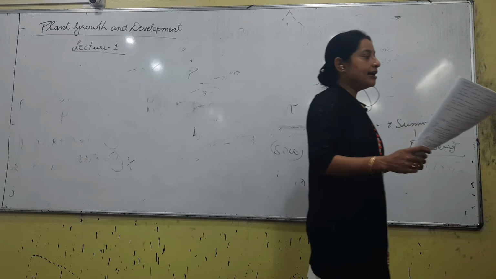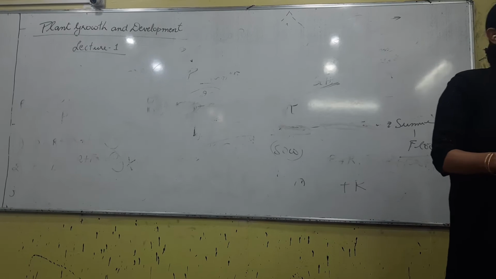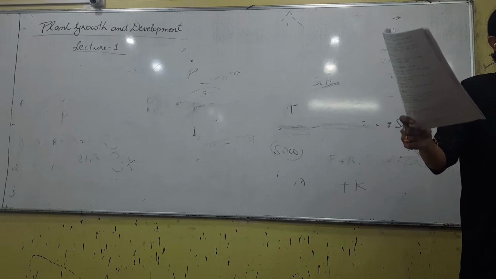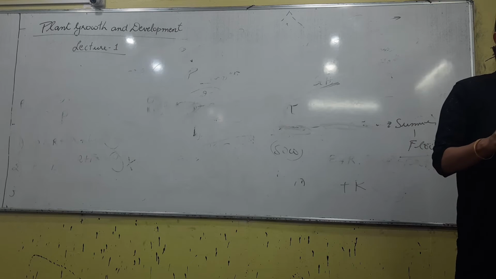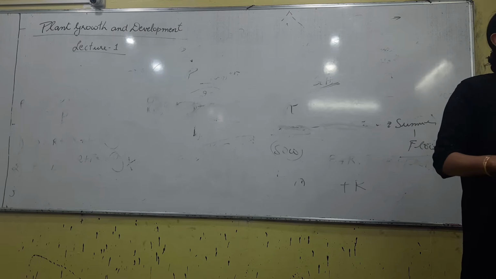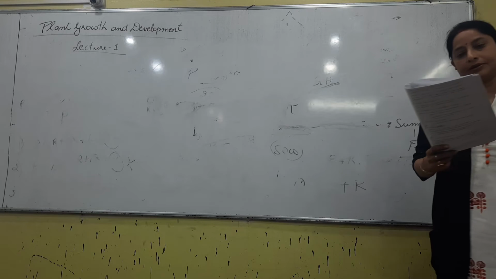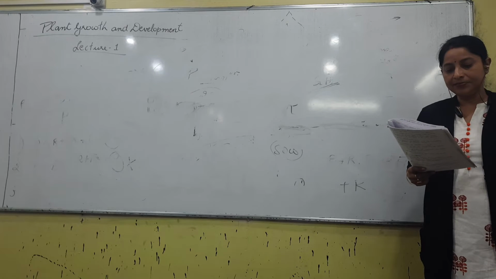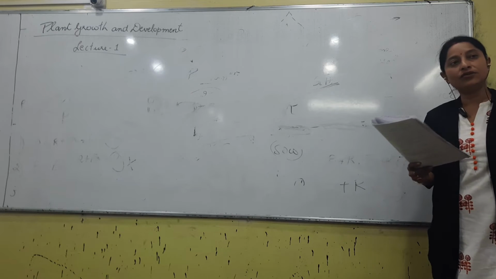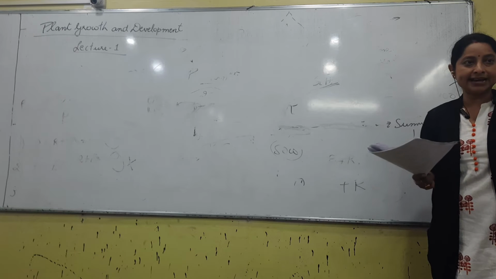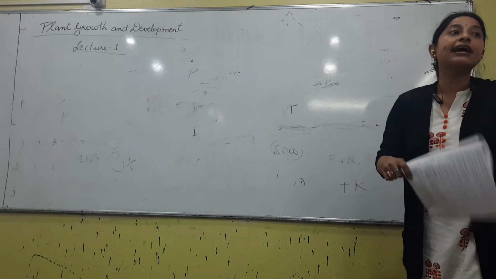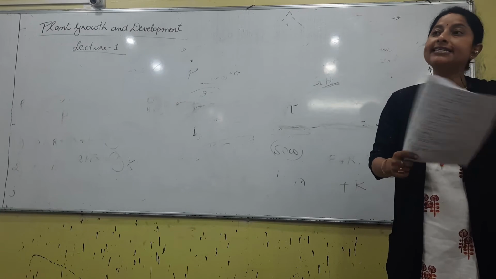For example, IAA, indole acetic acid, is an example of free auxin. IAA-aspartic acid is an example of a bound auxin, right? Next, antiauxin. Those hormones or chemicals which, when applied, reduce the action of auxin, are called antiauxins.